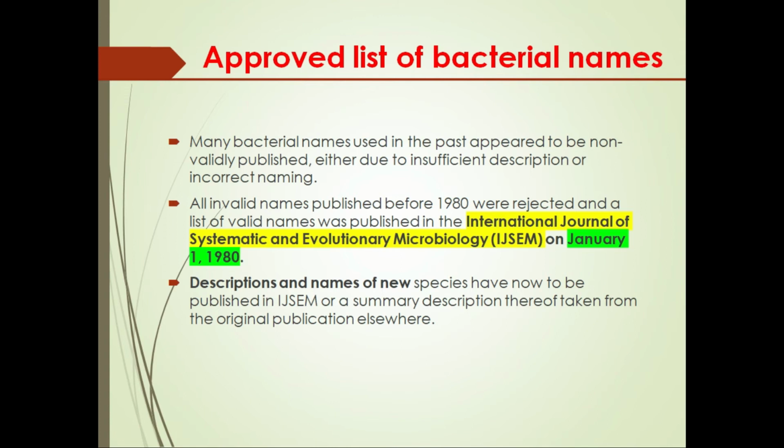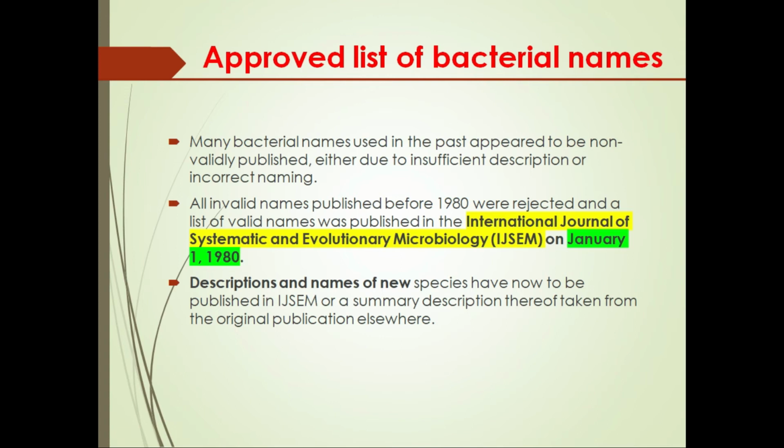So all the invalid names published before 1980 were rejected, and a list of valid names was published in the International Journal of Systematic and Evolutionary Microbiology on January 1, 1980. This date is called the starting point of bacterial nomenclature.